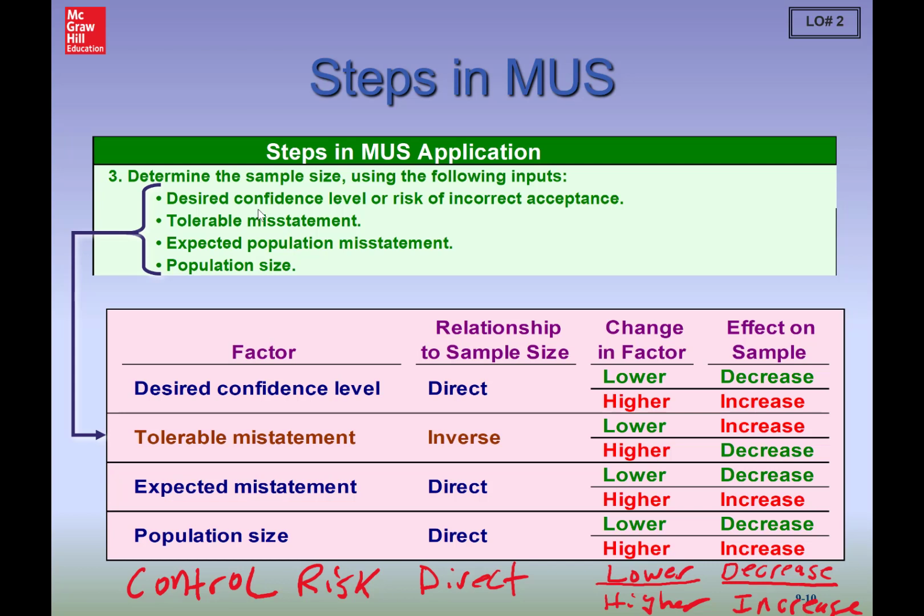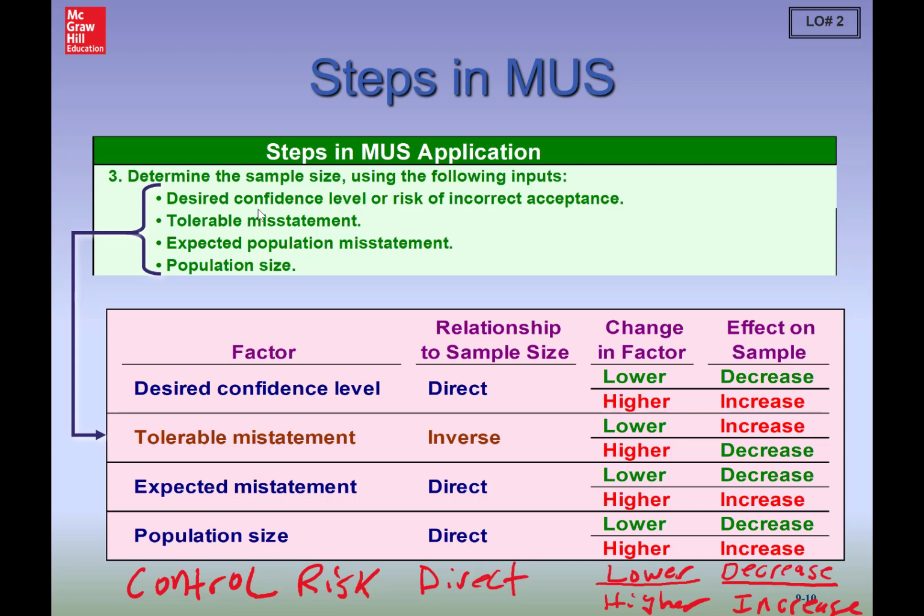Okay. Tolerable misstatement is inverse. The more misstatement you're willing to take, the less hard you have to audit to find that misstatement. So let's say I tell you that a $2 billion misstatement would not affect the judgment of a potential user of the financial statements, and the account balance is only $1 million.